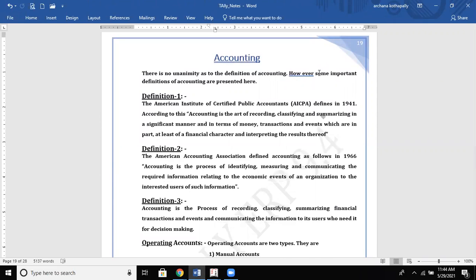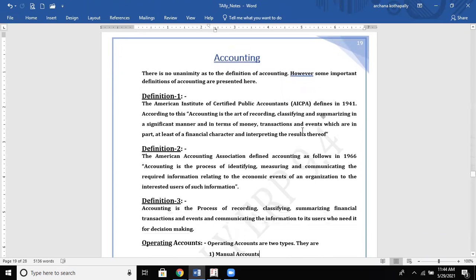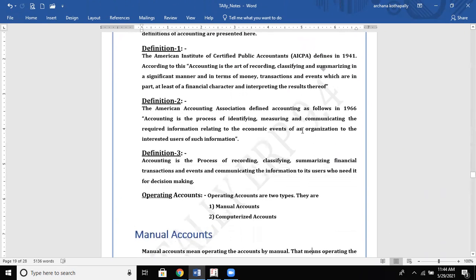So basically, accounting: there is no unanimity on the definition of accounting. However, we will understand a few important definitions of accounting so that we will be able to do the further postings perfectly.